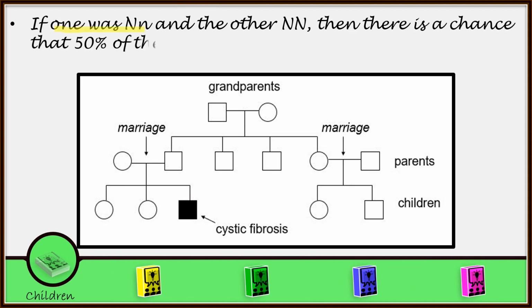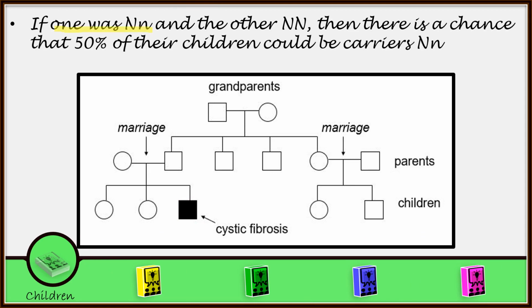If one was capital N, small n, and the other capital N, capital N, then there is a chance of about 50% of their children being carriers, capital N, small n.